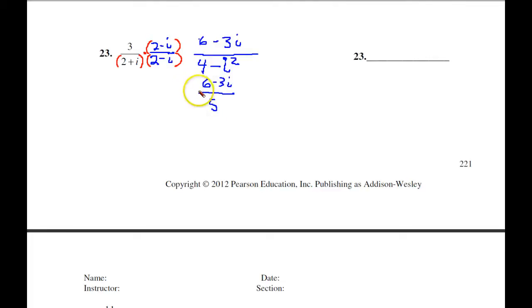Now technically that's the answer, but if you put that in MyMathLab, they'll probably count it wrong because it's not in standard form. So you then put it in standard form by putting it over each of these denominators here. Now in some cases we can simplify, but not here. So this is the answer.